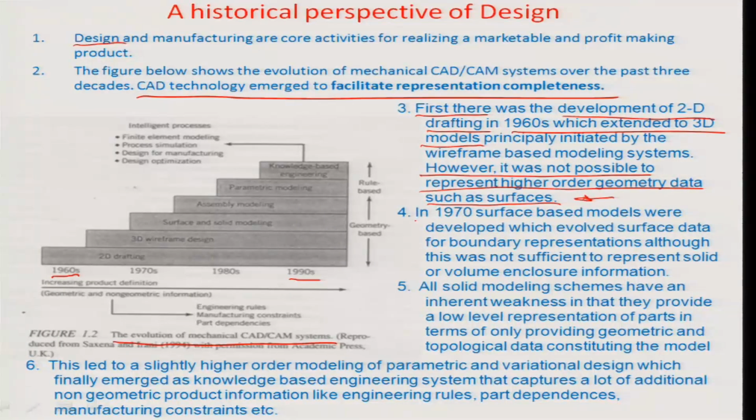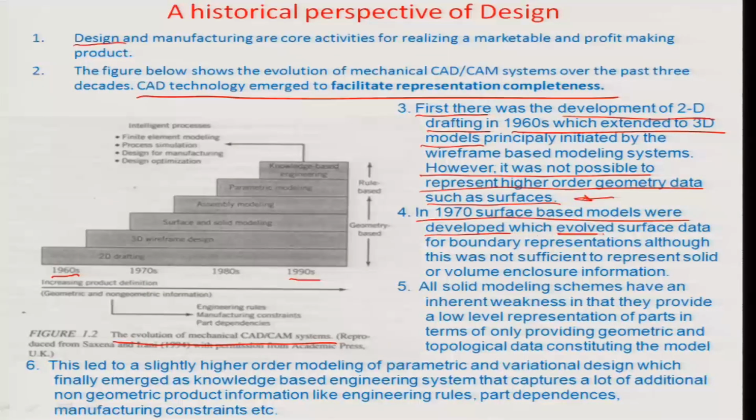Obviously in the 1970s, surface based models were developed because the need was felt, for example for complex topology or surfaces, of how a representation can be done in terms of numerical data or coordinate data. So a higher level CAD evolved where not only the edges but the surface became a very prominent application, and it evolved the surface data for boundary representations, although even this was again not sufficient to represent a solid volume enclosure.